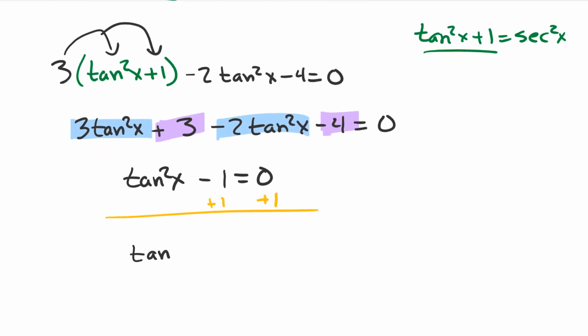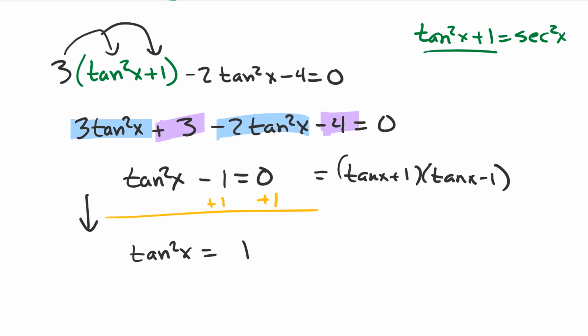Using a difference of squares removes any sort of change, right? If you were to call this tangent of x plus 1, tangent of x minus 1, there's no way you're going to commit a sign error when you do the zero product principle. But if you go this method, you absolutely could, because it's up to you whether you put that plus or minus out front. So we get that tangent of x is equal to plus or minus 1.